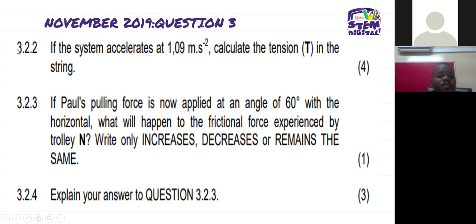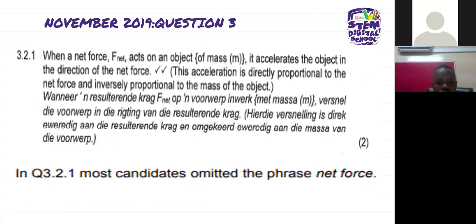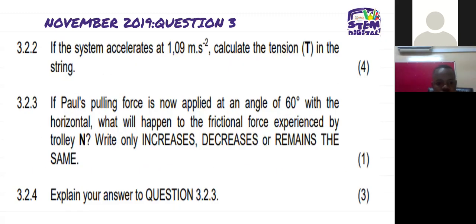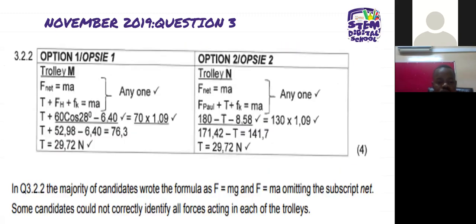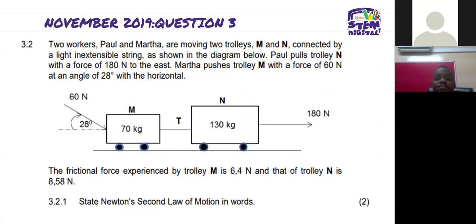Now they ask us, if Paul's pulling force is now applied at an angle of 60 degrees with the horizontal, what will happen to the frictional force experienced by N? Does it increase, decrease, or remain the same? Let's go back.